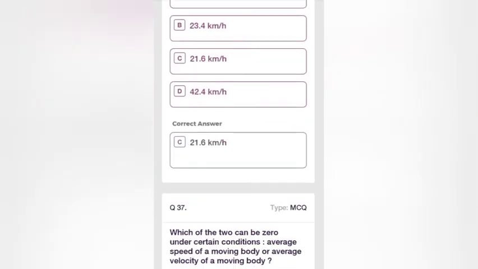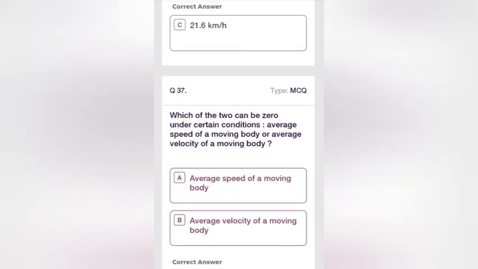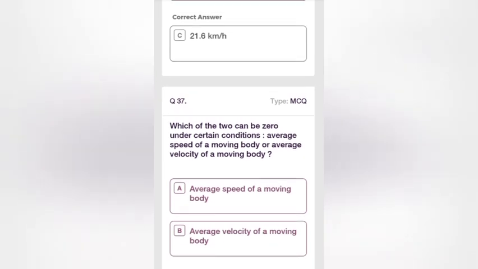21.6 kilometer per hour. Which of the two can be 0 under certain conditions? Average speed or average velocity? Say average speed cannot be 0 because total distance by total time taken. So average velocity can be 0. So option B is the correct answer.